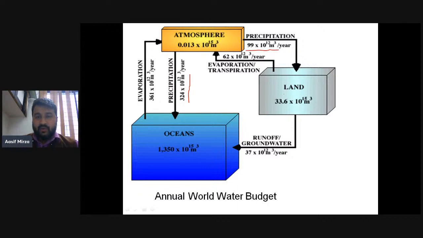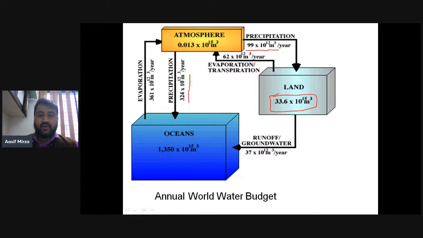Okay, so from land, the atmosphere receives through evaporation or transpiration 62 into 10 raised to the power 12 meter cube per year, and land has the water 33.6 into 10 raised to the power 15 meter cube.